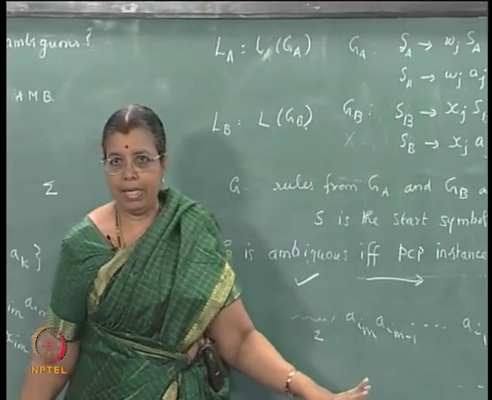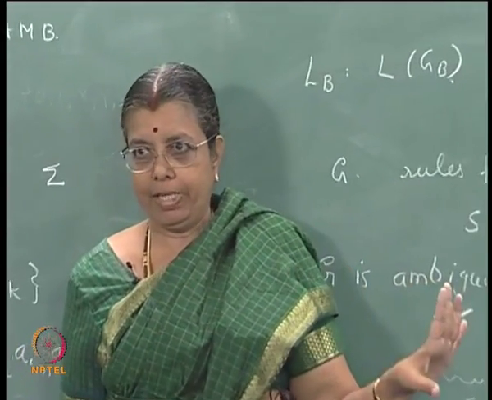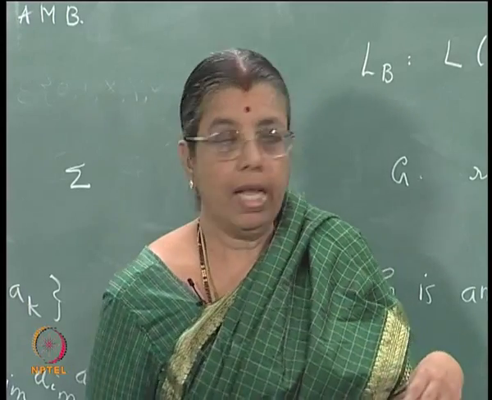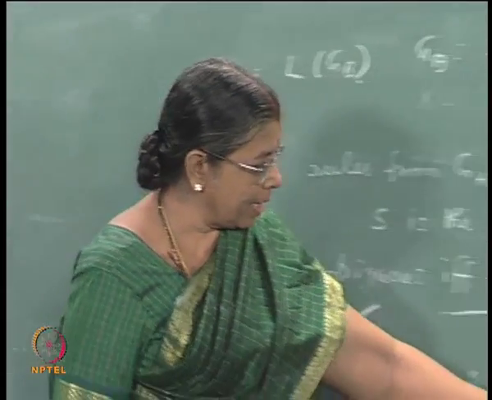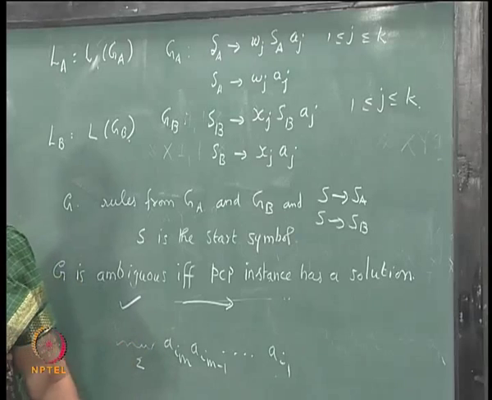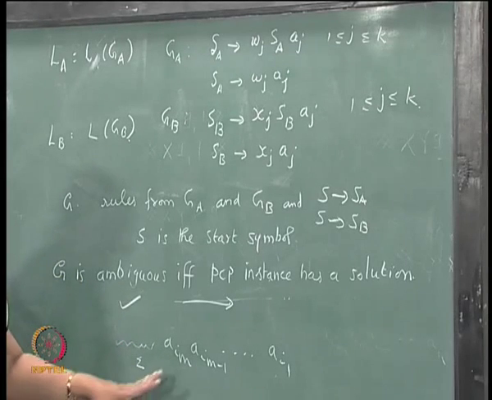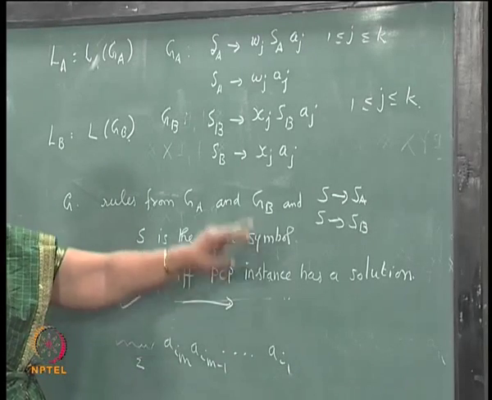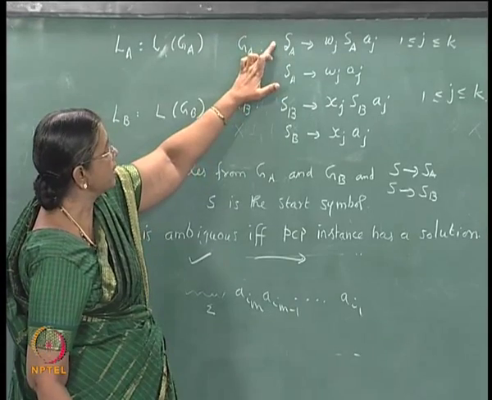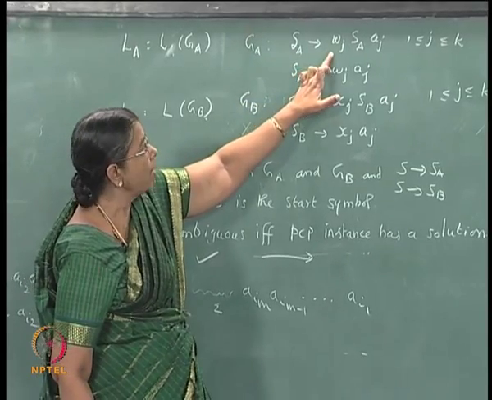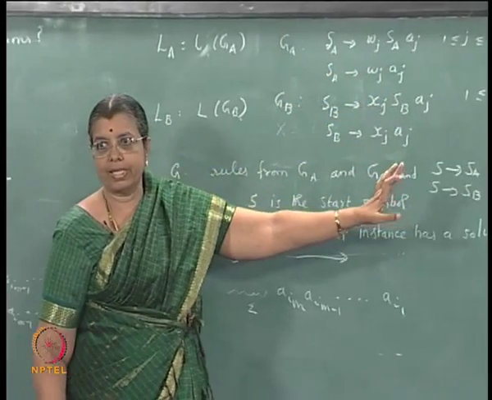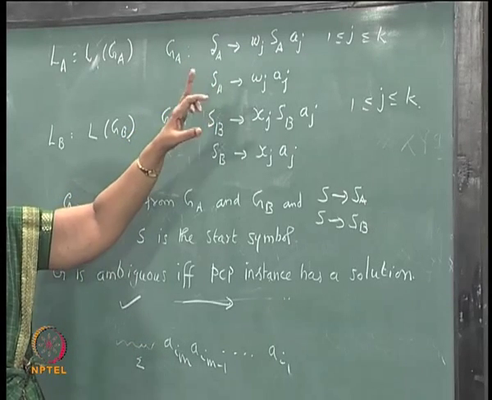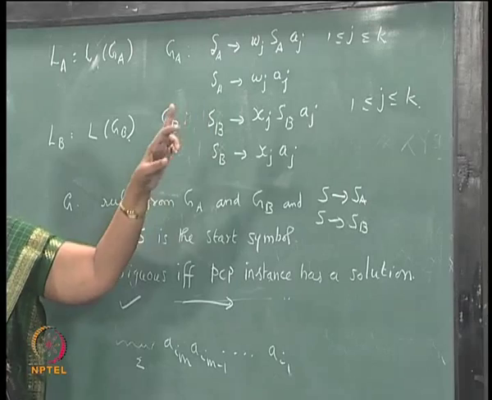They are linear grammars. So, in a leftmost derivation only one non-terminal will occur in any sentential form, right. And this sequence dictates the order in which the rules have to be applied. If this is the latter portion of the sequence, that means you should have applied S_A goes to W_i1 S_A A_i1 first, then you should have applied S_A goes to W_i2 S_A A_i2 next, and so on.